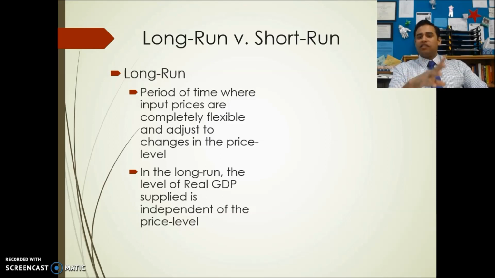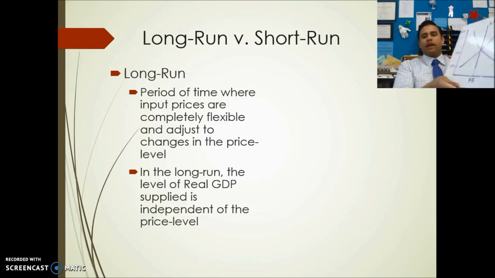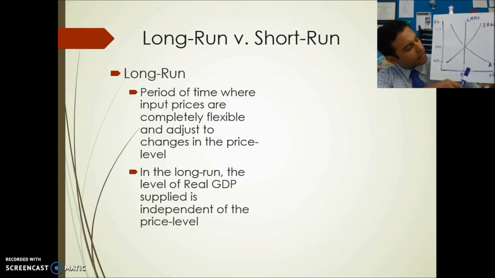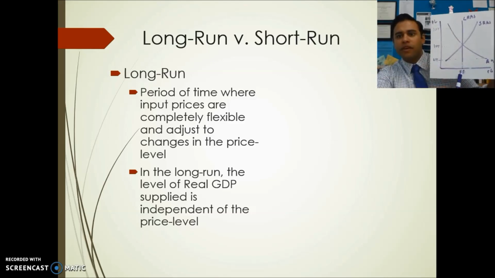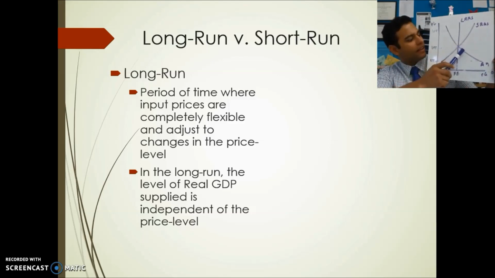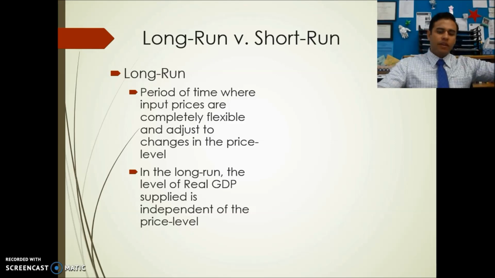So price level can change all at once, but given enough time, all the other prices will adjust similarly and output won't be affected. And if you go back to our model that we started with, you can see that the long run aggregate supply curve is vertical. And that's indicating to us that there is no relationship between real GDP and price level in the long run.